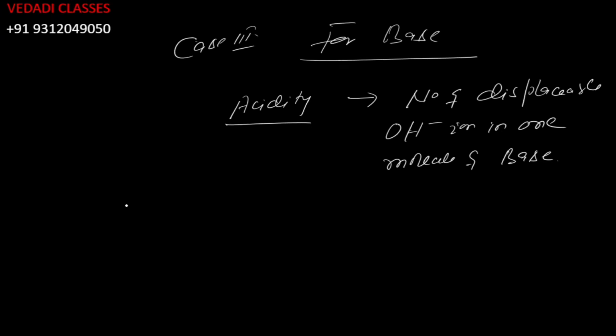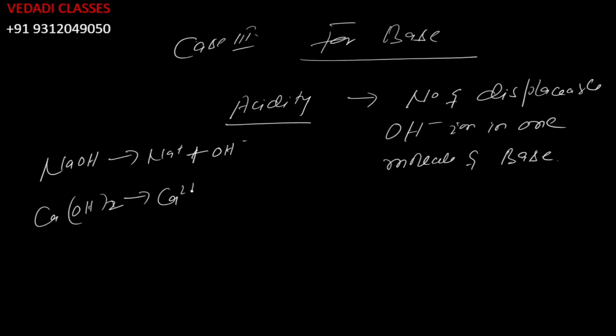Now, this is the acidity of a base. I'd like to give some examples, like NaOH. It will give Na plus and OH minus. Calcium hydroxide gives Ca2 plus and 2 OH minus.